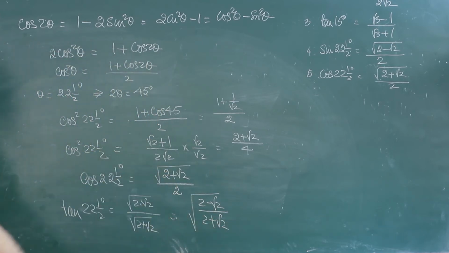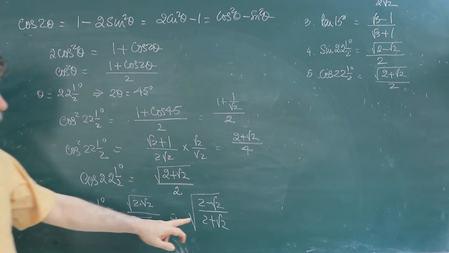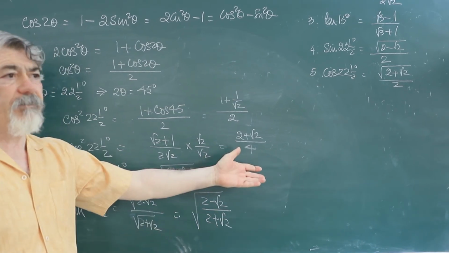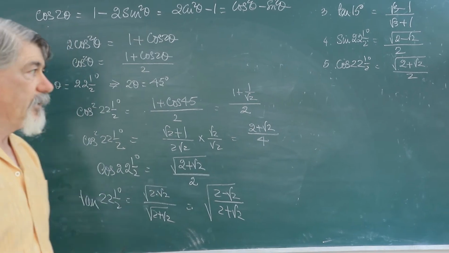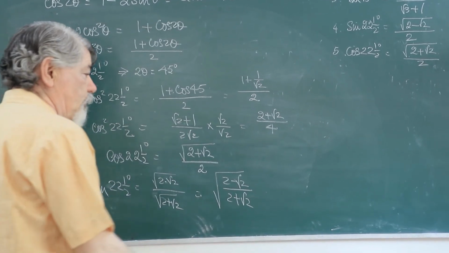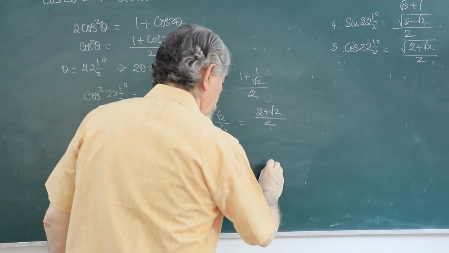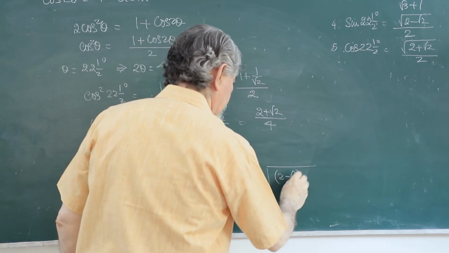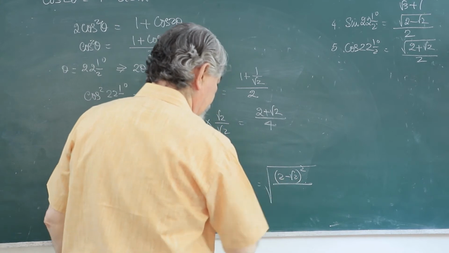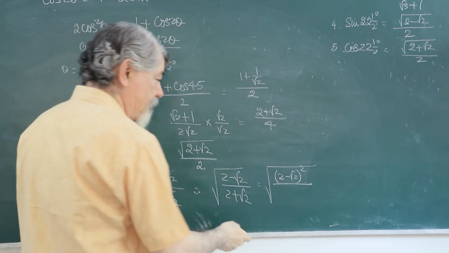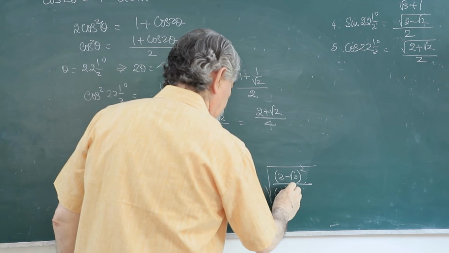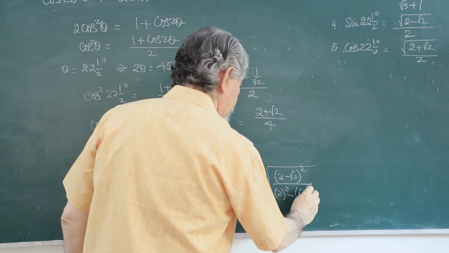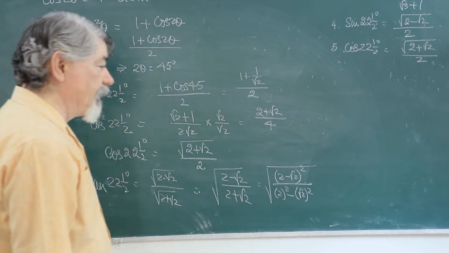Now I need to rationalize it. Rationalize means, as the denominator is 2 plus root 2, I will multiply the numerator as well as the denominator by 2 minus root 2. What will happen is the denominator will become (a plus b) into (a minus b), so a square minus b square. So what will you get?